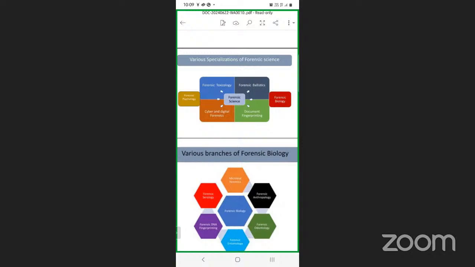In various specializations across forensic science, we have forensic toxicology, forensic ballistics, forensic physiology, cyber and digital forensics, document and fingerprinting, and forensic biology.